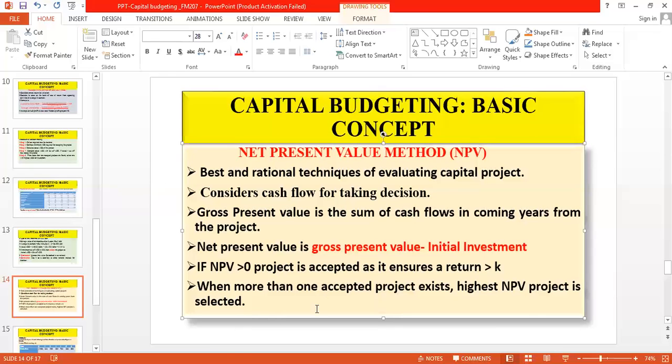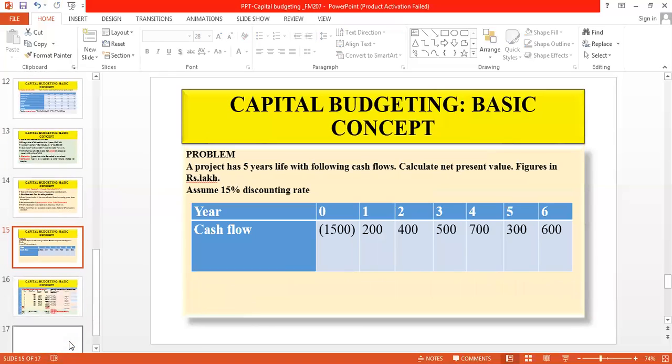So based on this concept, now we will move to a problem and we will show how the calculations are made. Basically, the problem that I will consider is a project which has a life with the following cash flows. In the zeroth year, the cash flow is minus 1,500, meaning initially we are making some cash outflow which we are using for buying the machine.